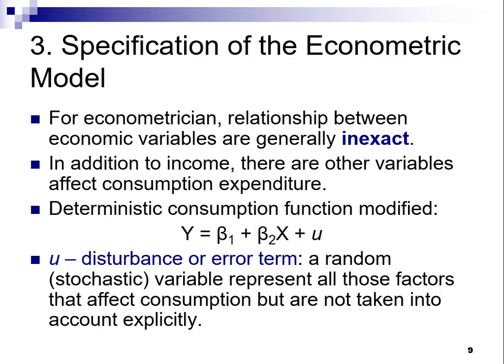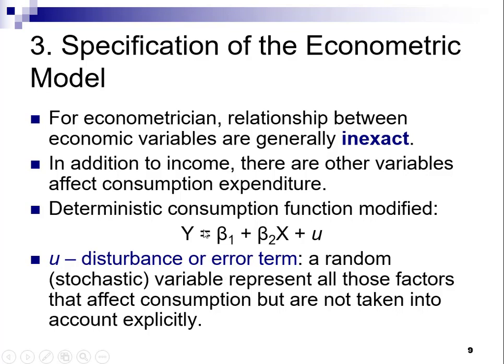The error term stands for a random variable representing all those factors that affect consumption but are not taken into account explicitly. For example, it can be the mood, the season, or anything. They can be a thousand other variables that might affect your consumption except your income.